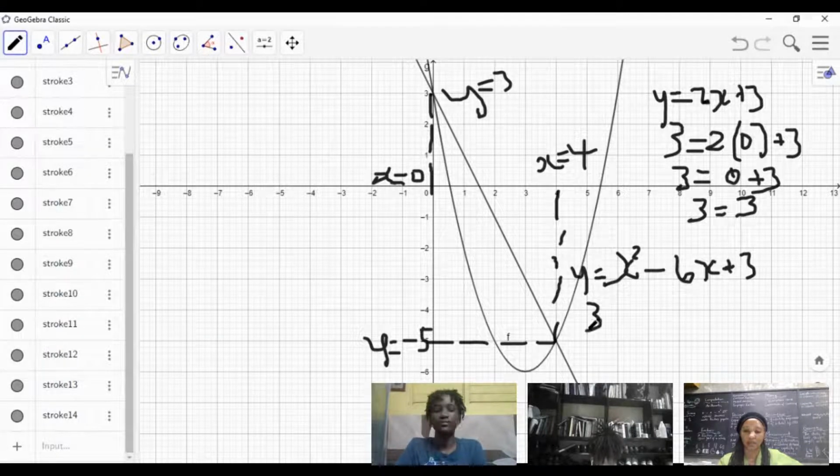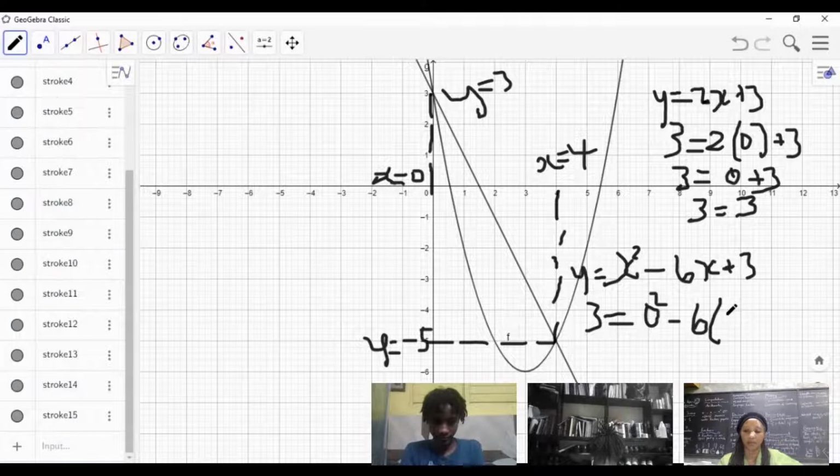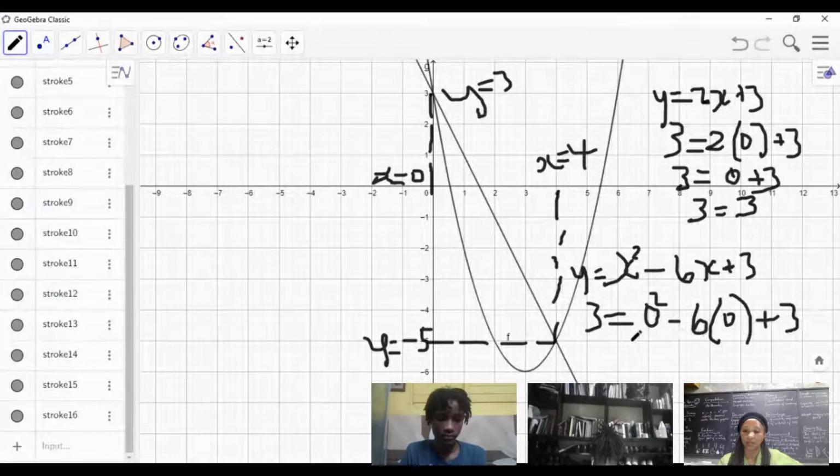So 3 is equal to 0 squared minus 6 times 0 plus 3. Yes, miss, that's obviously 3. So 3 is equal to 3.